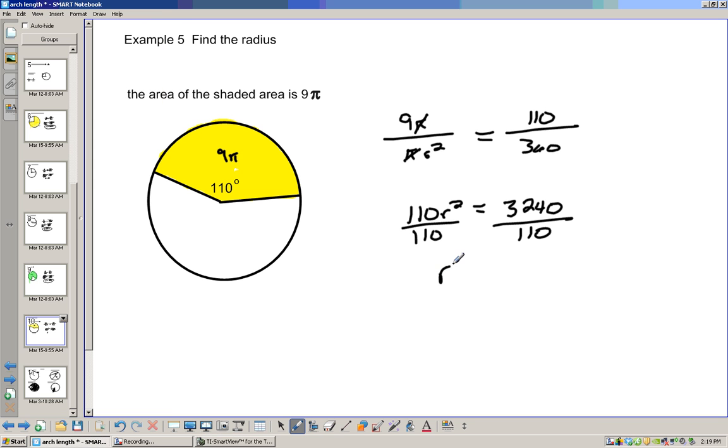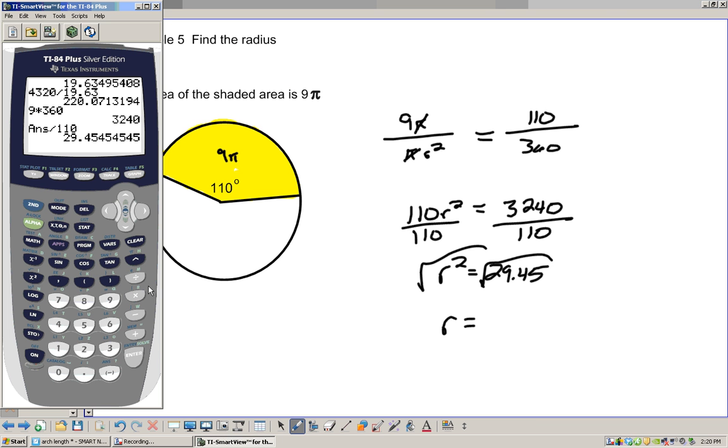And remember, to get rid of a square, we do the square root. So let's take the square root of 29.45. I get 5.43. So 5.43 is the radius.